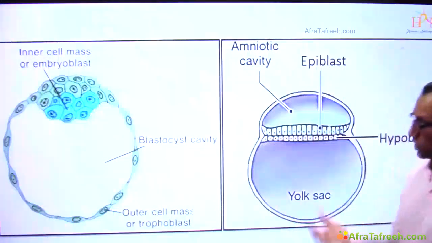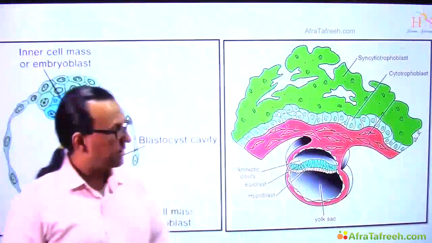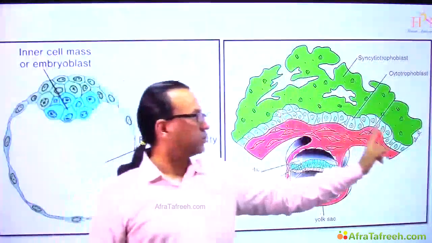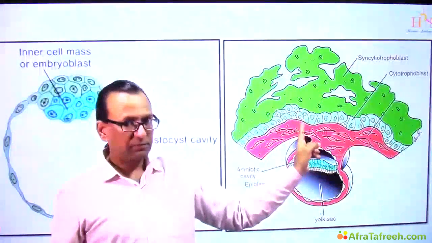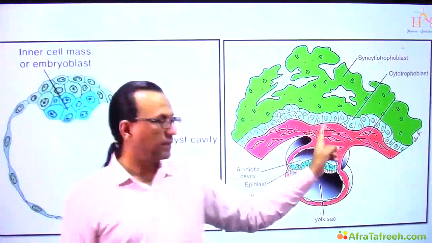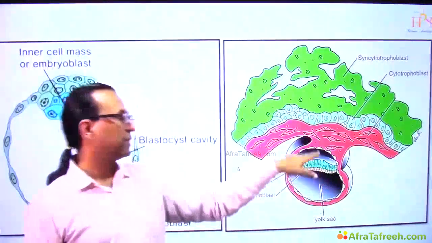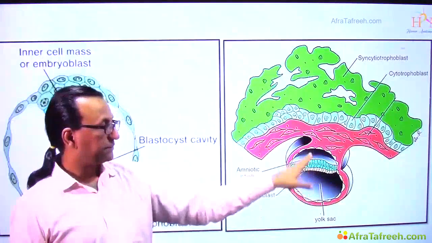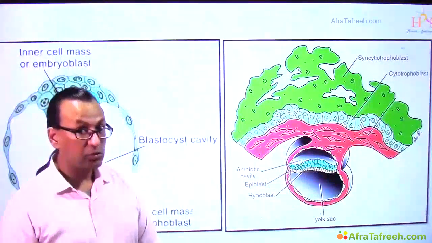Trophoblast is of two types, as you can make out: syncytiotrophoblast towards the periphery and cytotrophoblast here. Formed when? In week number 2, at the same time when the embryoblast has formed epiblast and hypoblast. Dorsal cavity, amniotic cavity. Ventral is yolk sac cavity. Week number 2 is the week of 2, as you say.